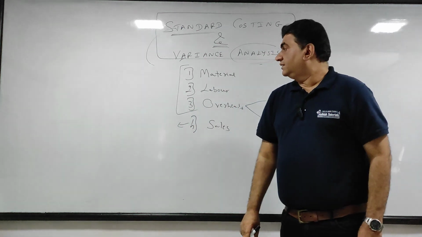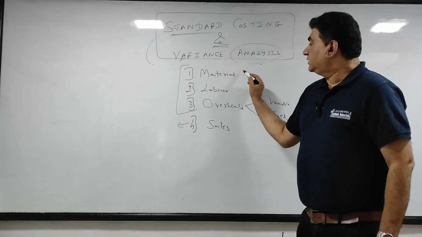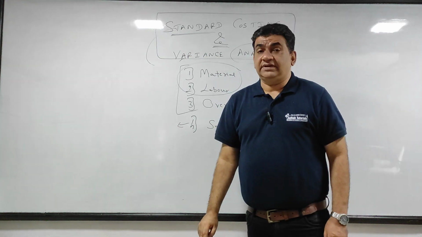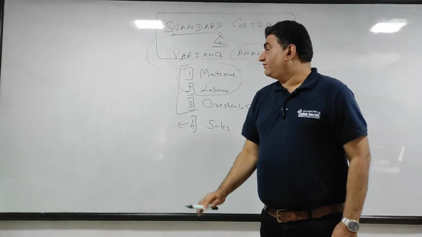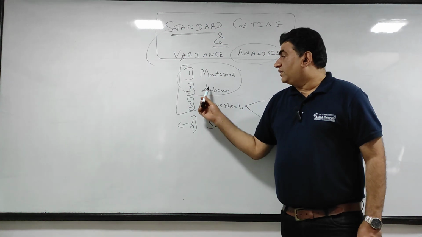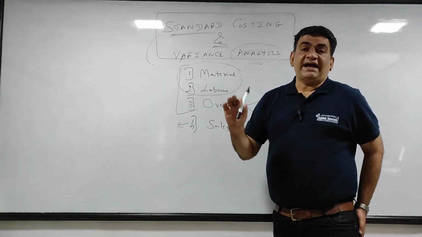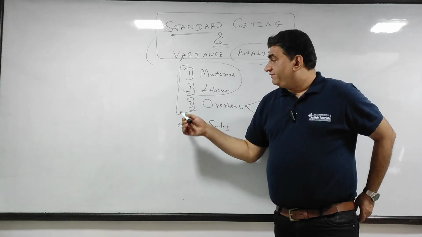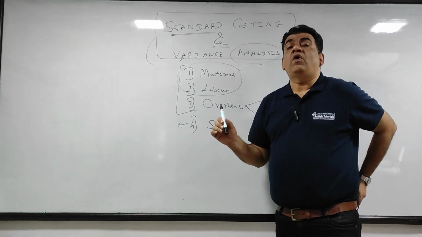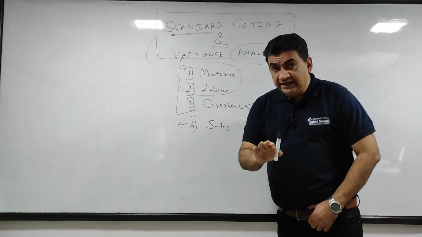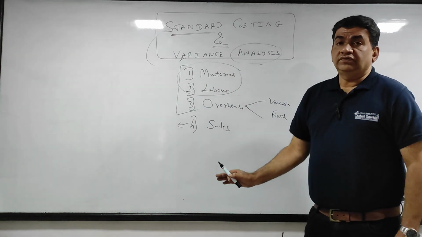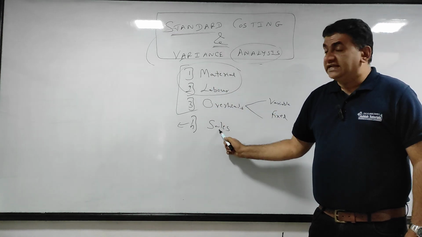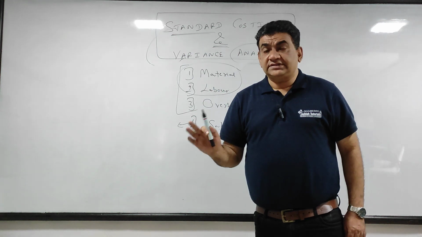Now guys, listen. BCom students, you all have only the first two, that is material and labor. And BAF and BMS students, you have all of these. Getting it? Also, in all of them, especially material, labor, sales, there are five formulas.